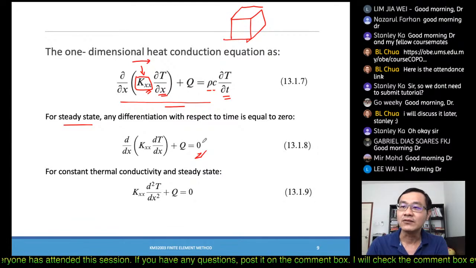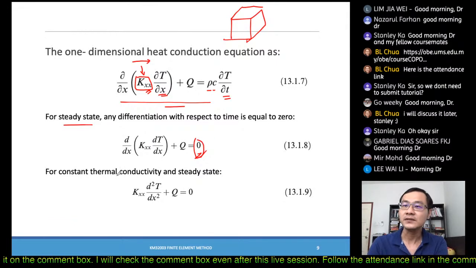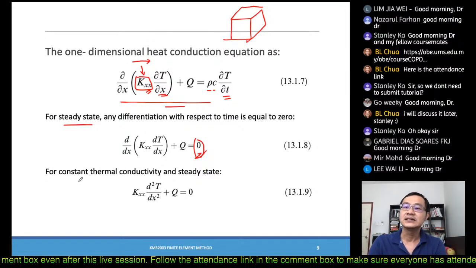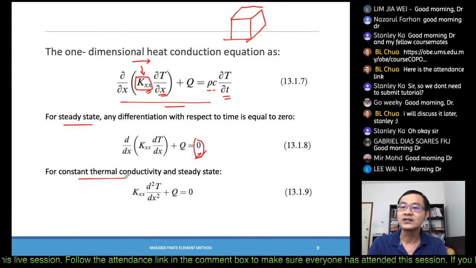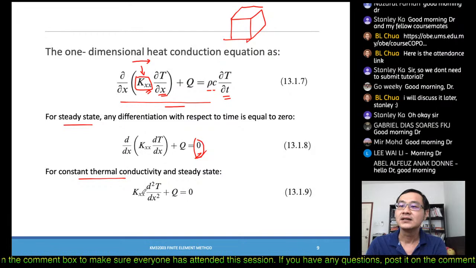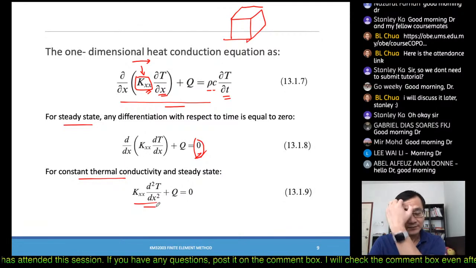Whatever is stored stays there and doesn't change with respect to time, therefore it equals 0. But when the thermal conductivity is also a constant, we would get this simplified equation.